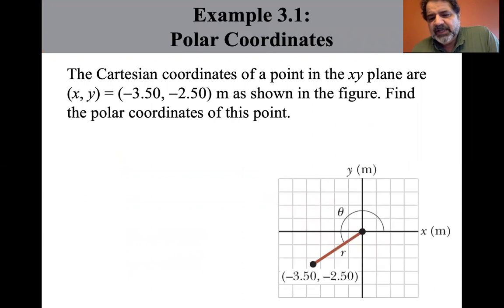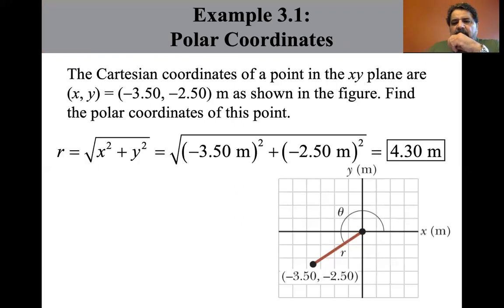Here's an example. The Cartesian coordinate of a point in the xy plane, x, y equals minus 3.5 and minus 2.5 meters, as shown in the figure. Find the polar coordinates of this point. I don't usually go through the examples, but I'm going through this one because I think it's an important point to go back and forth between polar coordinates.